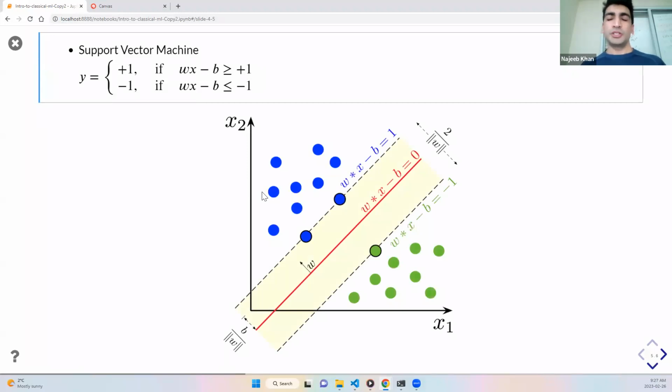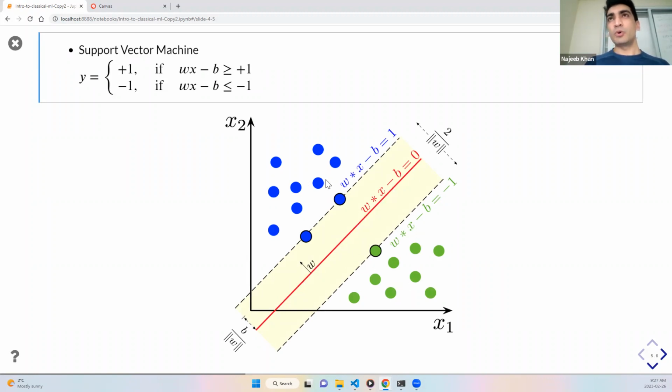There are more theoretical details of how it works, but just to give you a simple overview, if you have that regression equation, then that defines a line. Basically, the support vector machine draws this line between the two classes.